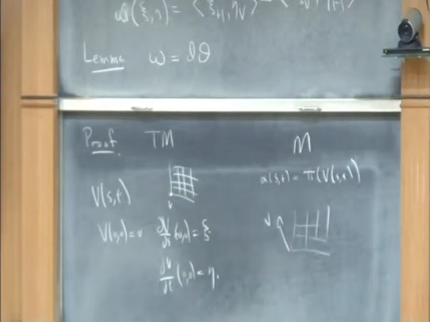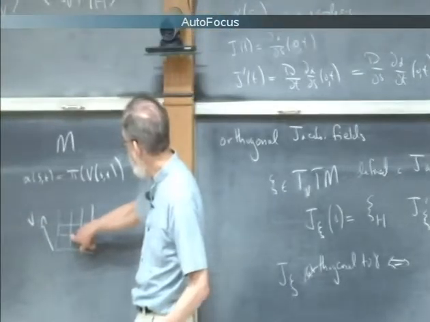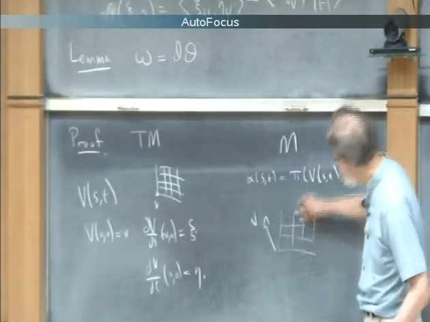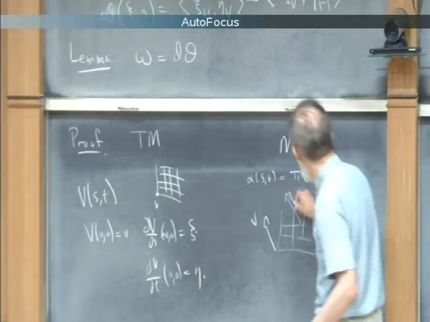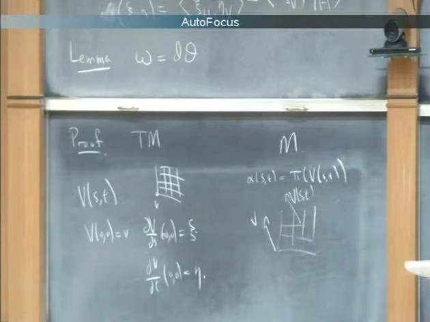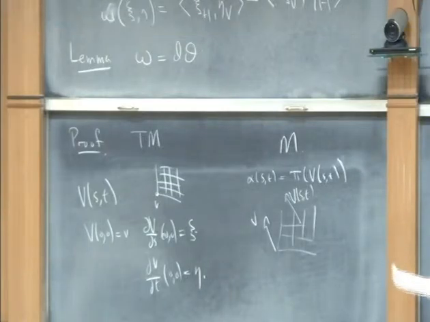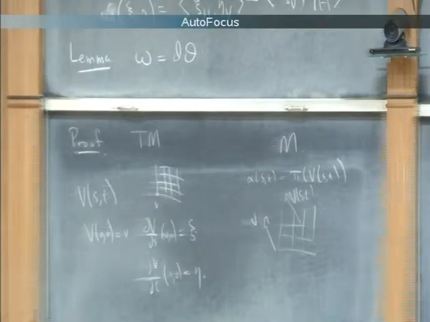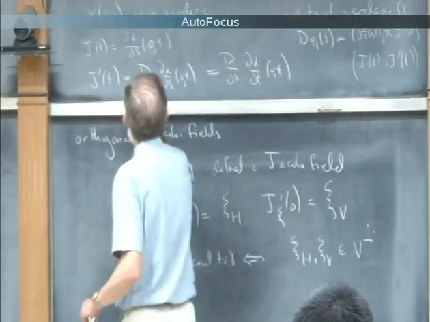And so I think I'll just leave the picture like that. You should imagine that growing out of each point of this surface, so I'll put one more in, there is v of s,t. So that's the picture in which I want to do the calculations.